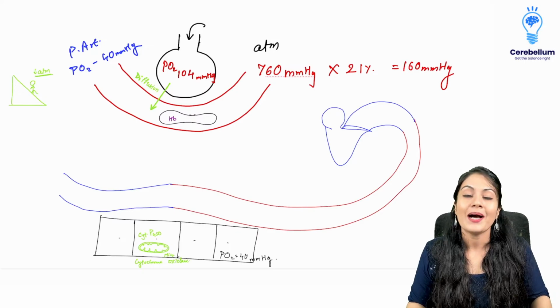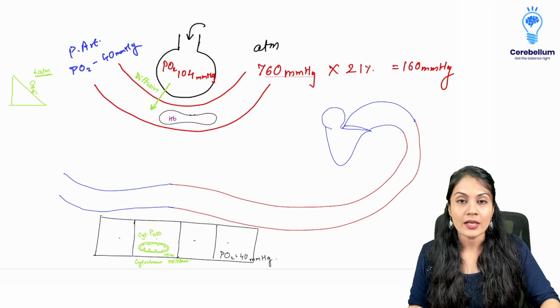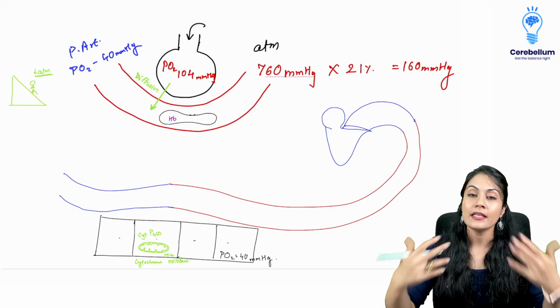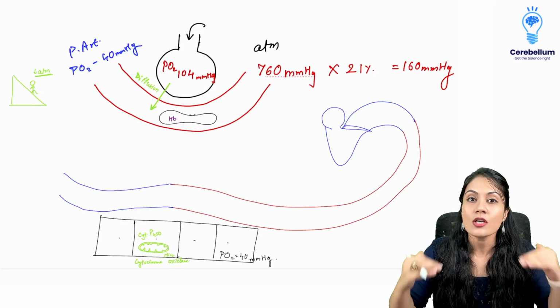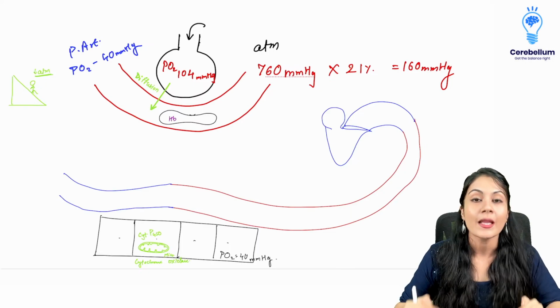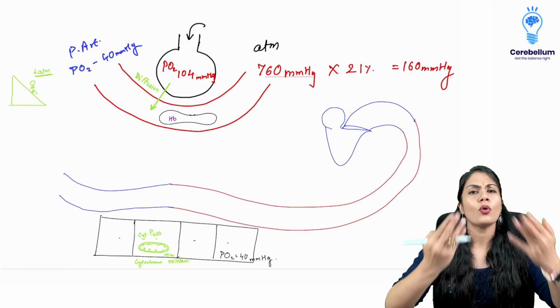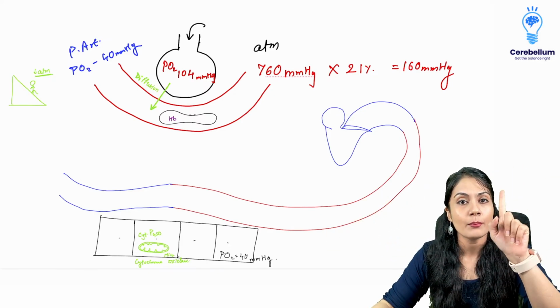So now I'm going to have a lesser concentration gradient of the oxygen towards the alveoli. So of course, in the atmosphere itself, the oxygen is very less. So whenever I'm going to breathe, lesser oxygen is going to come in my lung. And definitely, if lesser oxygen is coming in my lung, lesser oxygen will go in the arteries and finally towards the tissue, and the tissue will suffer from the hypoxia.